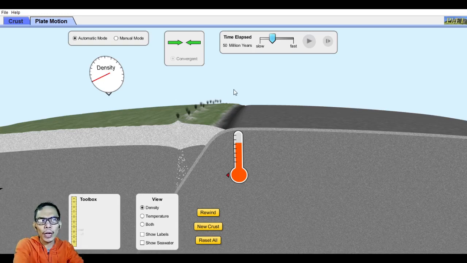Now, what are these geologic structures that we have right here? Okay, so these geologic structures are called the continental volcanic arc. So what do we mean by continental volcanic arc? As you can see, these volcanoes are placed in a continental crust. That is why it is called continental. So why is it volcanic arc? Because there is a chain of volcanoes on this particular side of your continent.